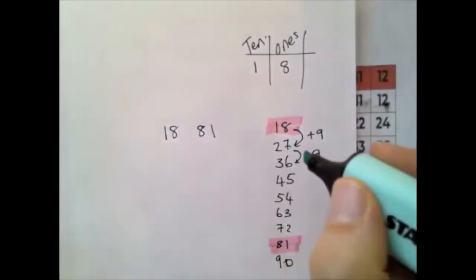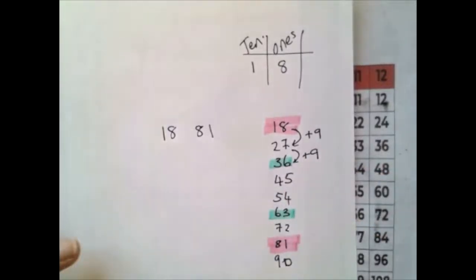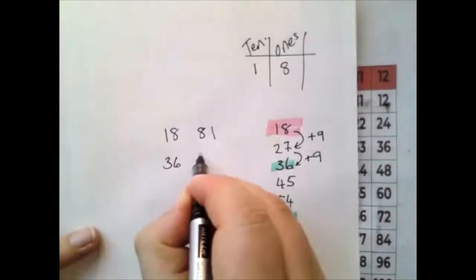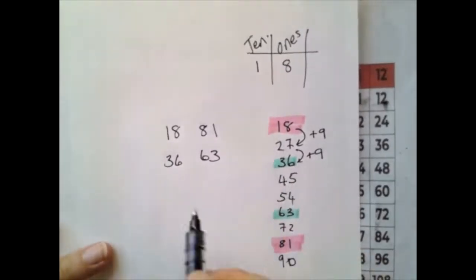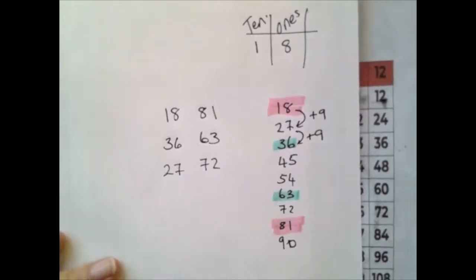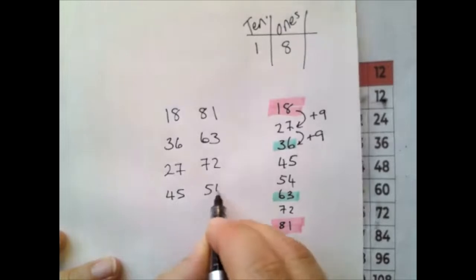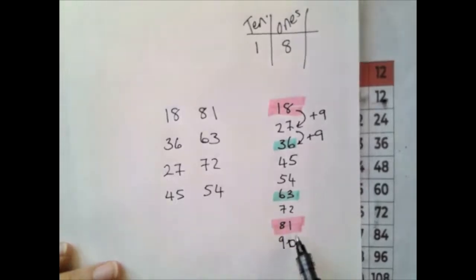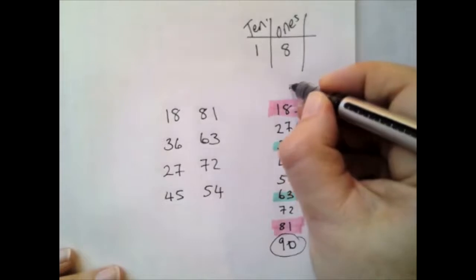What about 36 and 63? 36 and 63. And we've got 27 and 72. What are the other ones? 45 and 54. And interestingly, we do have one for the 90, because we've actually got a 9 here.